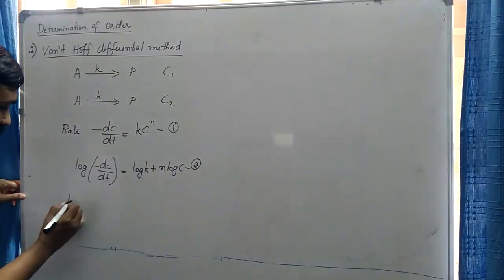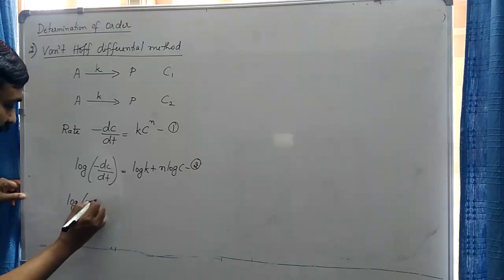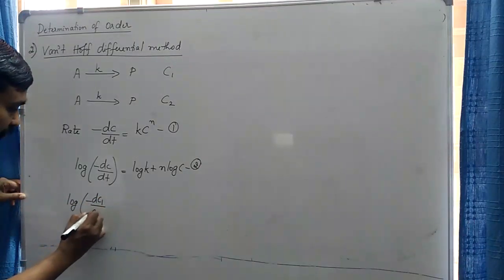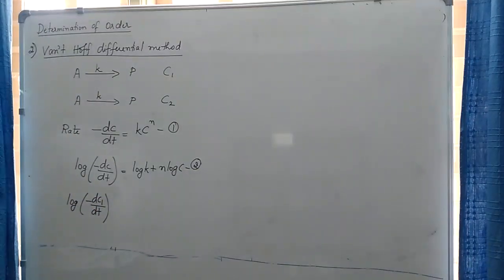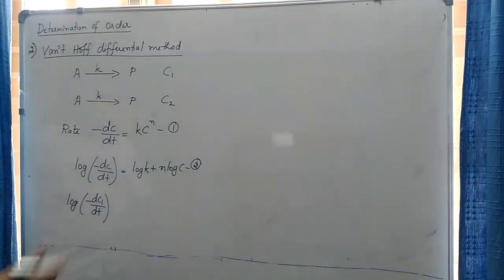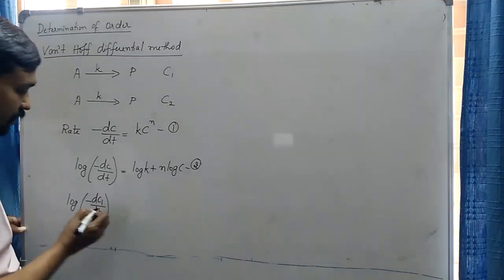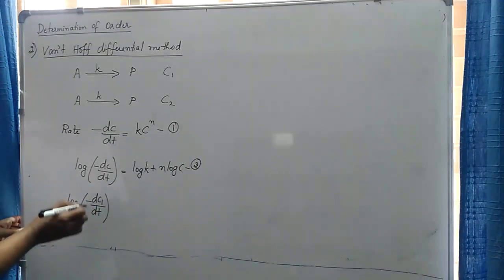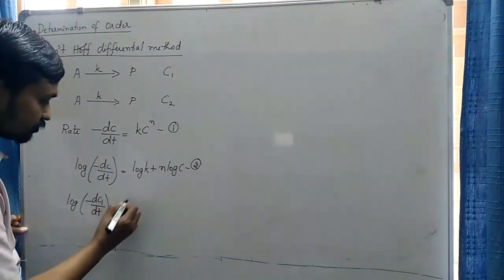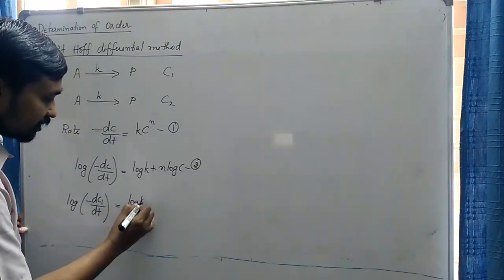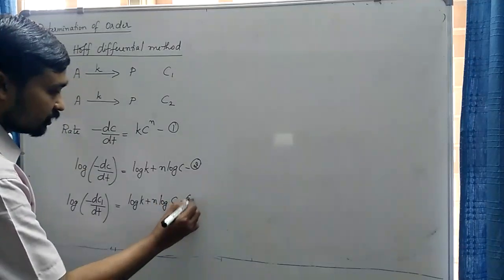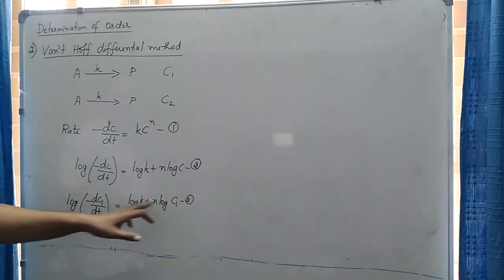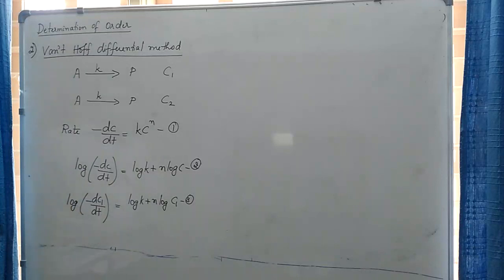For the first run, log(-dC1/dt), where -dC1/dt is the rate of the reaction at concentration C1, and generally here we measure the initial rate, equals log K + n log C1. Remember, K and n do not vary with the concentration.